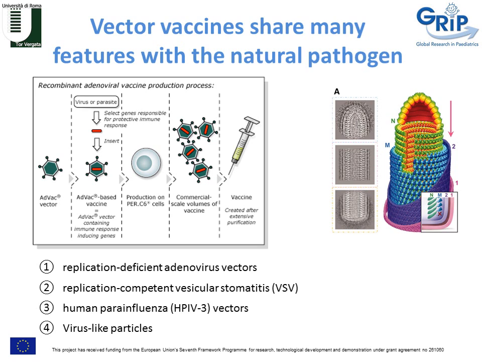So examples are the human parainfluenza virus or replication deficient adenovirus vectors or vesicular stomatitis virus. These viruses are genetically modified to express the gene of interest and then result in the production of the protein we want to vaccinate against.